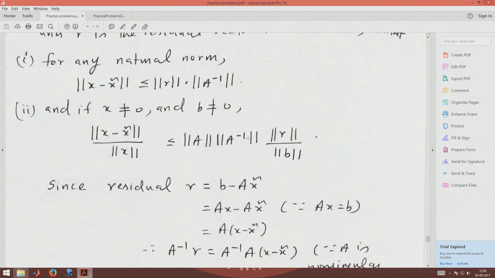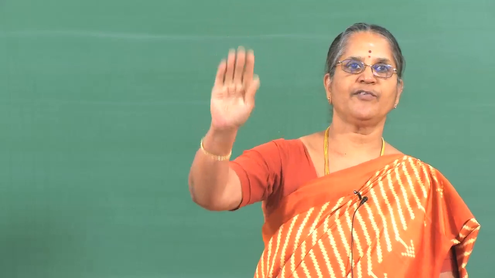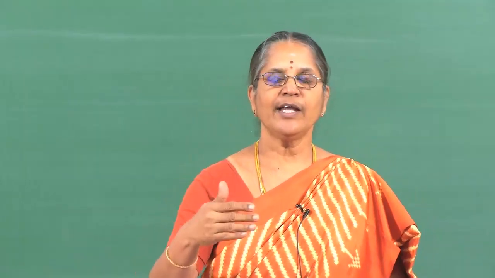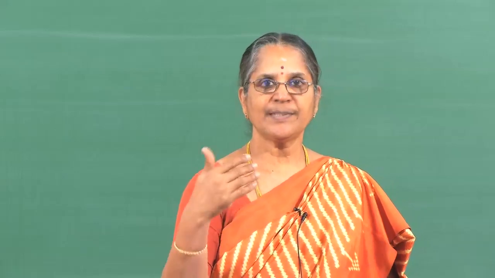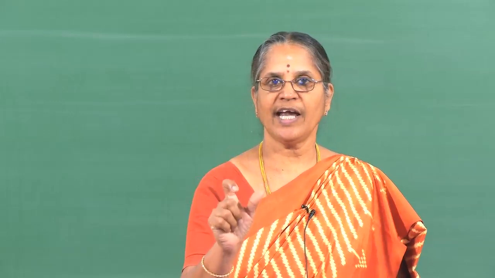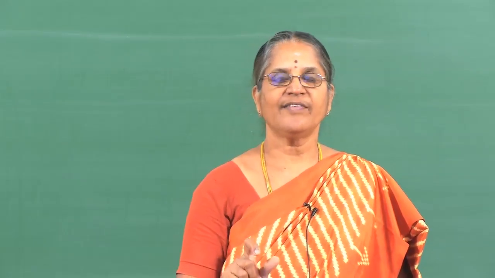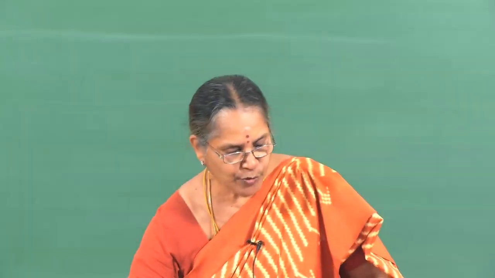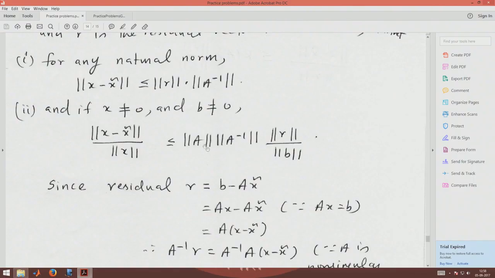So, given a system Ax is equal to B, and if you apply direct methods to solve this system, then you can immediately specify the amount of absolute error and relative error that are involved in your computations by using the bounds which are given by these examples.